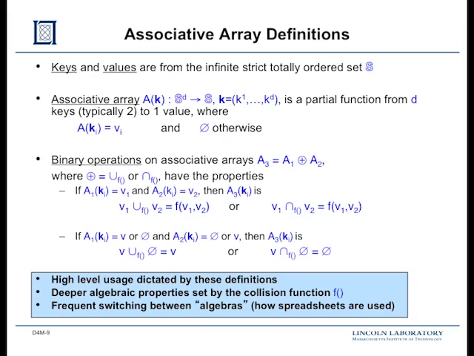Okay, this is actually a fairly large break from linear algebra, where a matrix is really a function of the indices, the ij indices, which are integers. Here we allow them to be anything. And we formally support the concept of a completely empty row or column. So associative arrays don't allow that. They only store non-empty information.